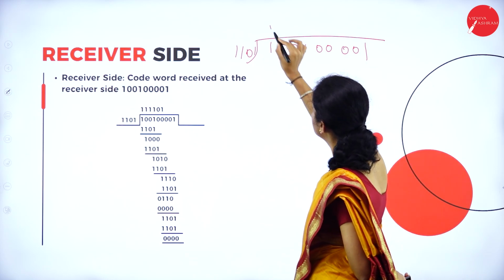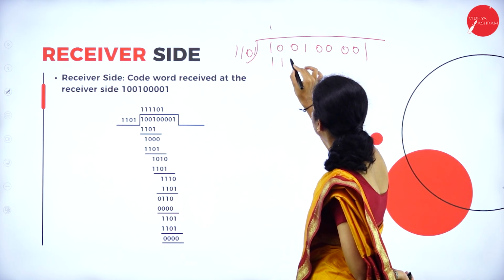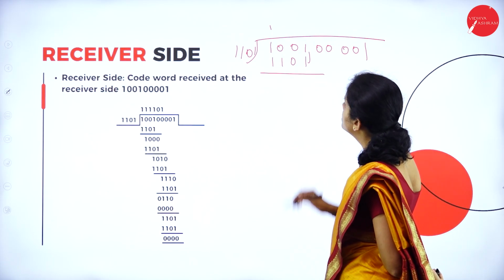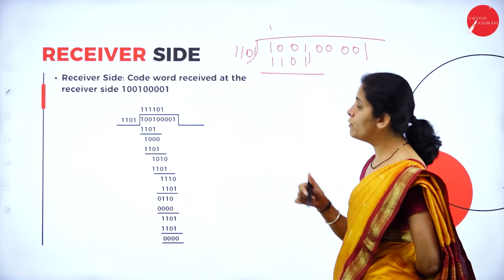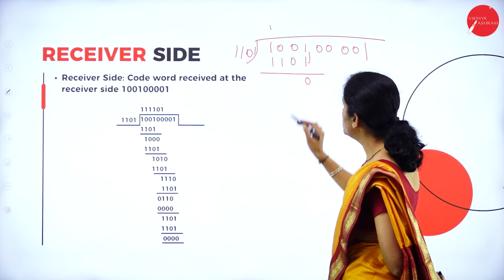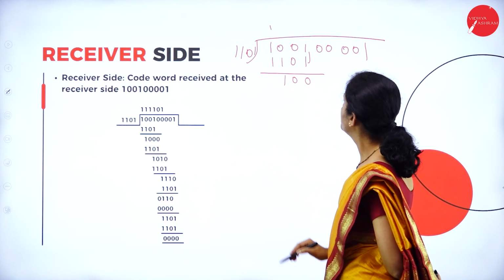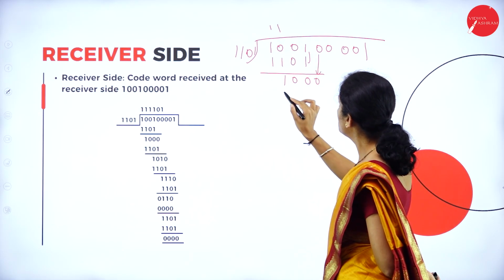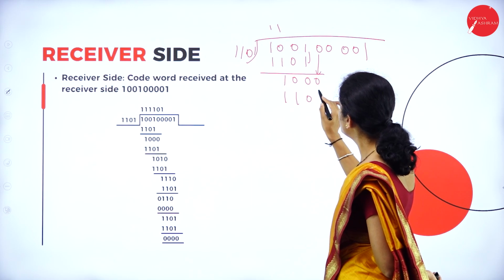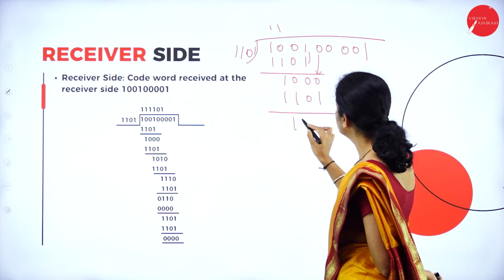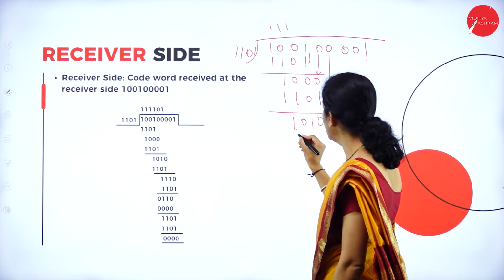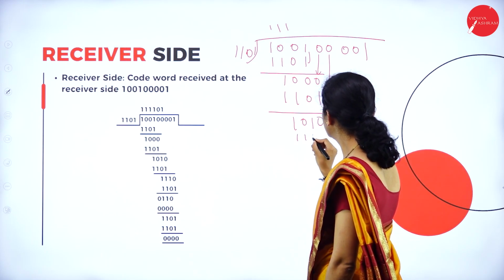Now the ones are 1 1 0 1. Then it is an even number of ones, 0 0 1. Bring this 0 here. Ones are 1 1 0 1 1 0 1. Bring this 0 here. Ones are 1 1 0 1.